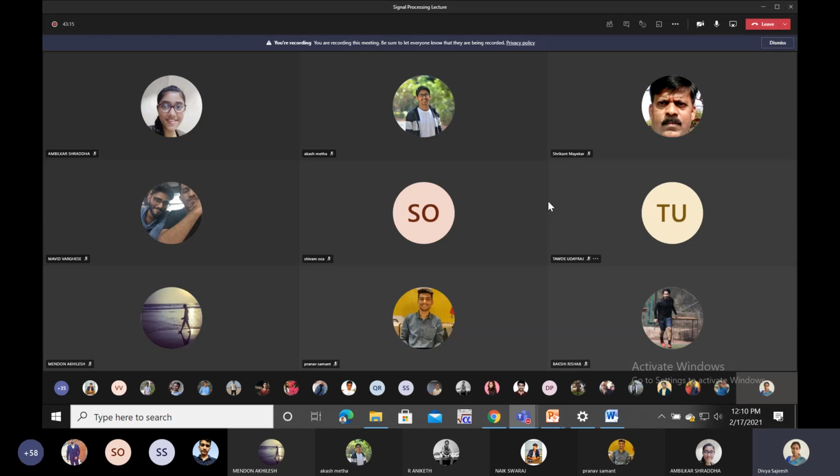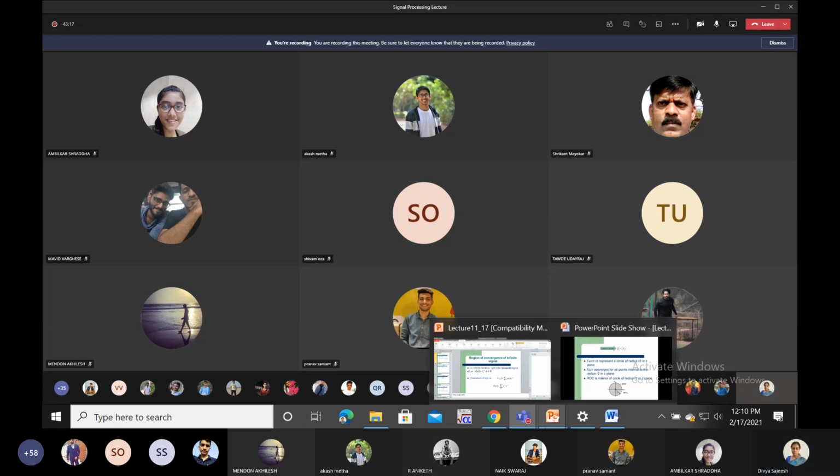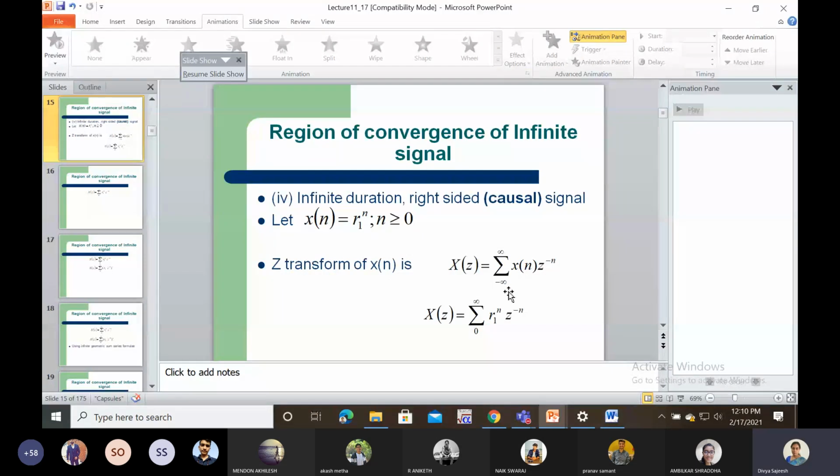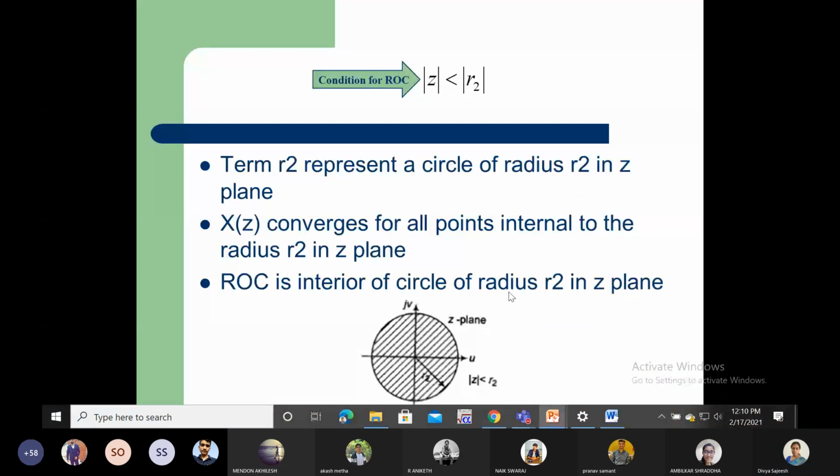Okay, so let us continue. Here in this case, the region of convergence is inside the circle of radius r2. So graphically you can show, in the z plane, draw a circle with radius r2 and mark it inside.